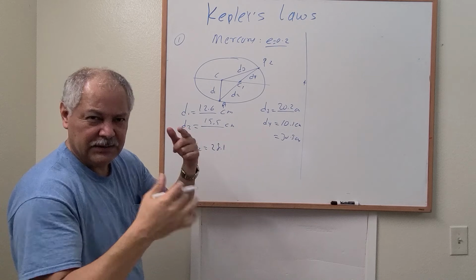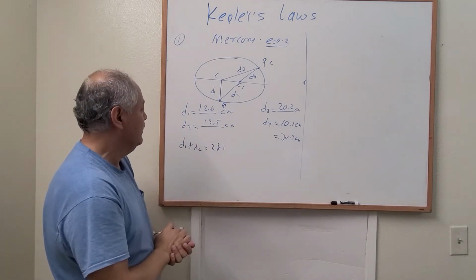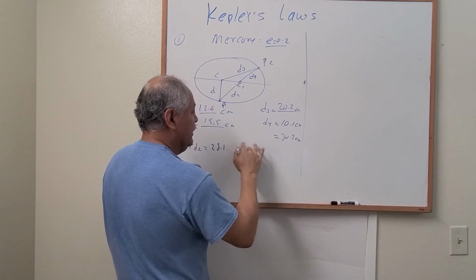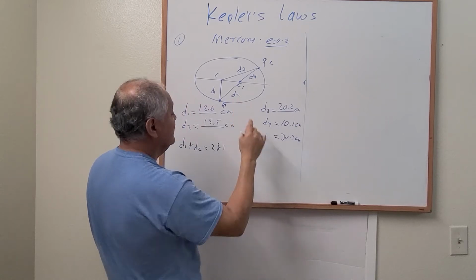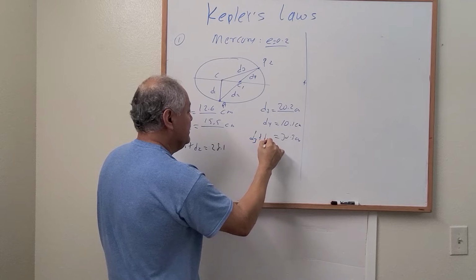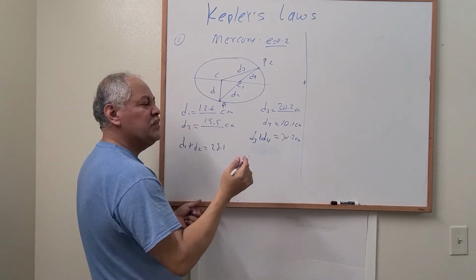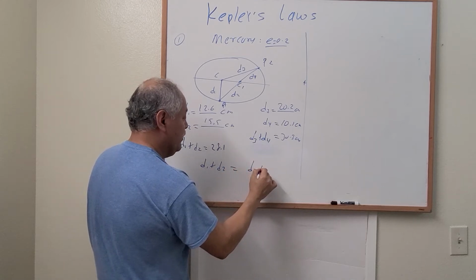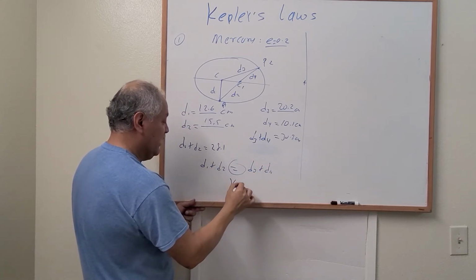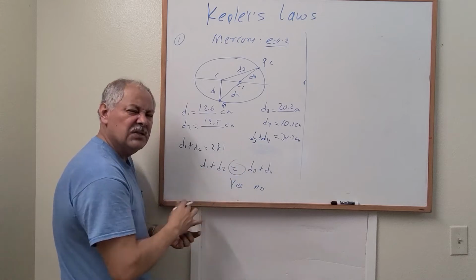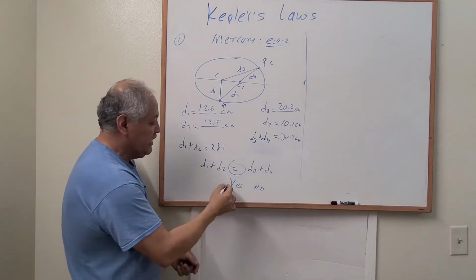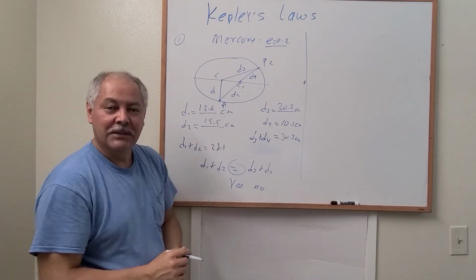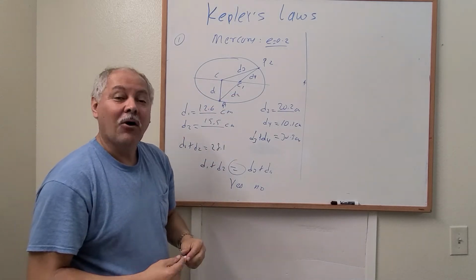This is just an example for this case. So D3 plus D4, correct? Now let's prove that D1 plus D2 must be equal to D3 plus D4. Yes or no? Check it, and please write yes or no. If these are the same, of course, it's an ellipse. This is Kepler's first law.